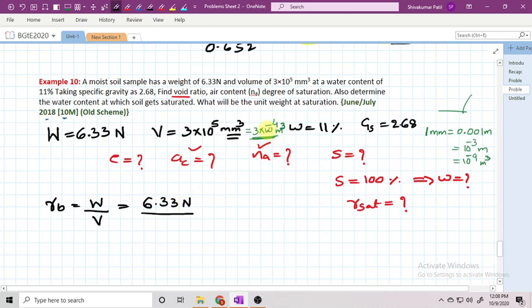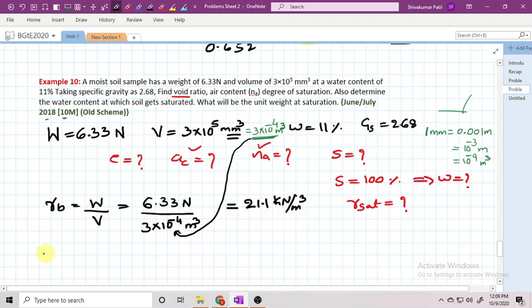So volume now is 3 into 10 to the power of minus 4 cubic meter. So how much bulk density are you getting? Bulk density I am getting around 21.1 kilonewton per meter cube.